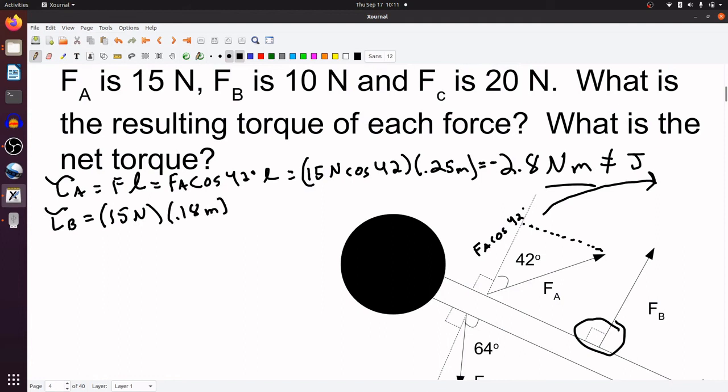So I take 15 times 0.18, and I get 2.7 newton meters. And once again, this one will have to rotate in a clockwise pattern. And so that's going to be a negative 2.7 Newton meters.